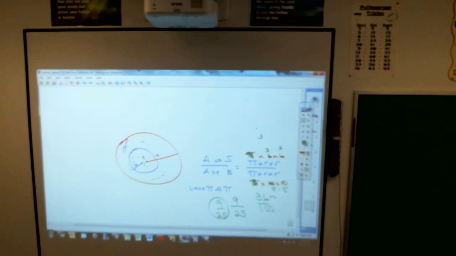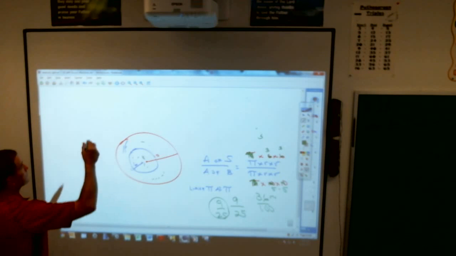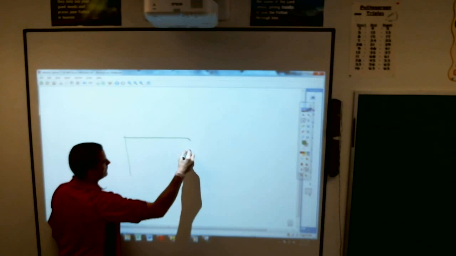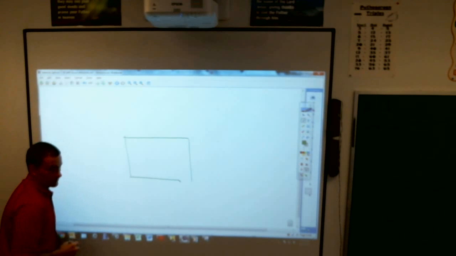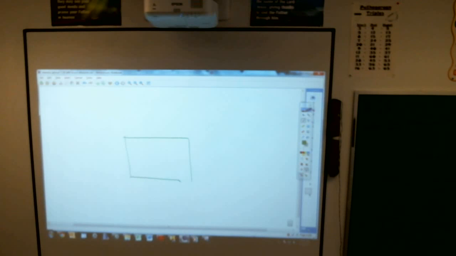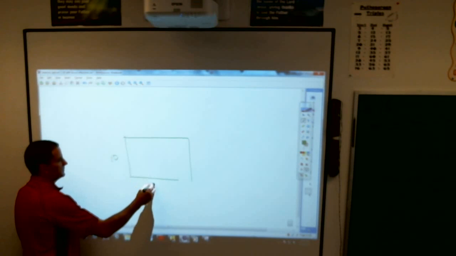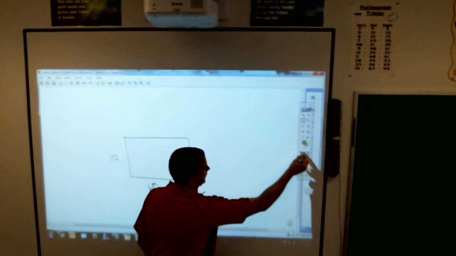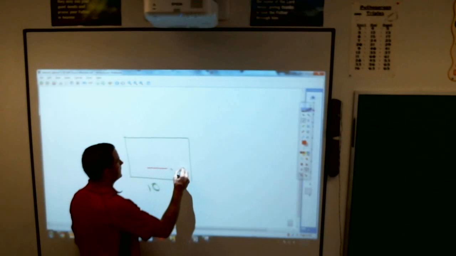One more. I'll let you figure this one out. What if you have a square, 10 by 10, just to be consistent. And inside that 10 by 10 square, you have a triangle.